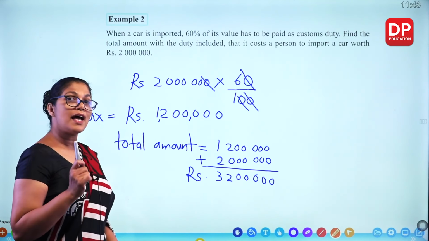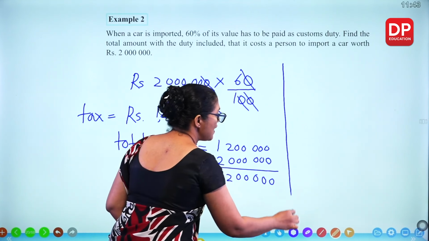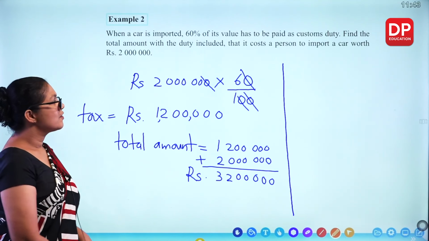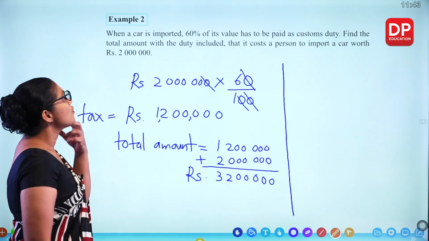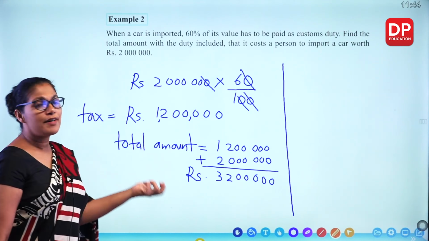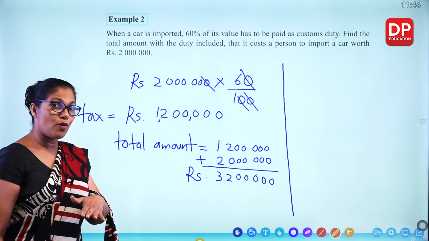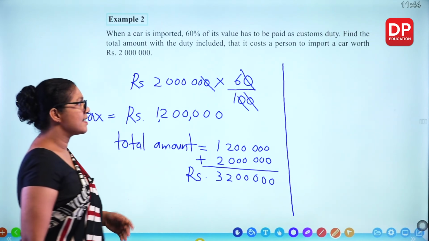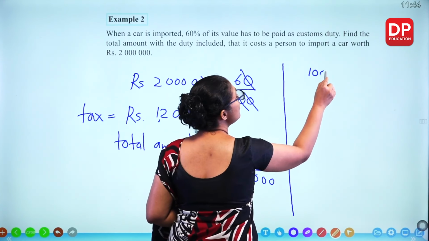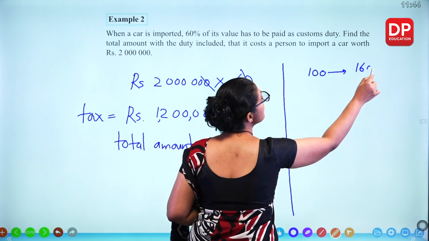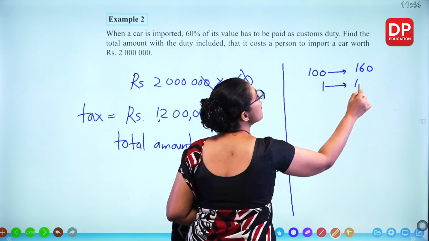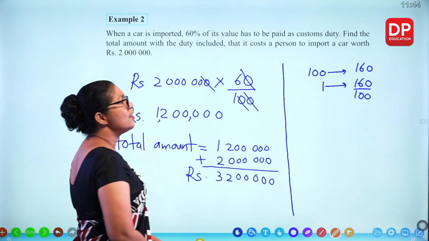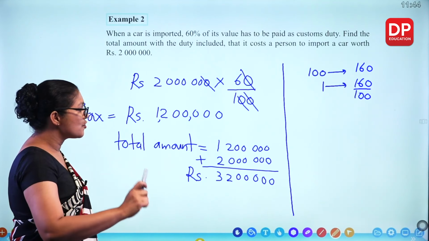Now I'll do another method. So straight away we can find out the amount you have to pay. So what do we do? If you buy for 100 rupees, you have to pay 60 more. So that becomes 100 plus 60, 160. So if this is 100, you have to pay 160. So if this is 1, you have to pay 160 over 100. So we can take that value to find out the value straight away.